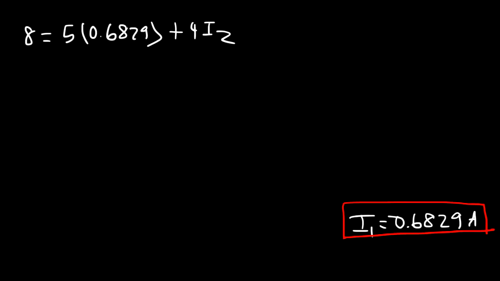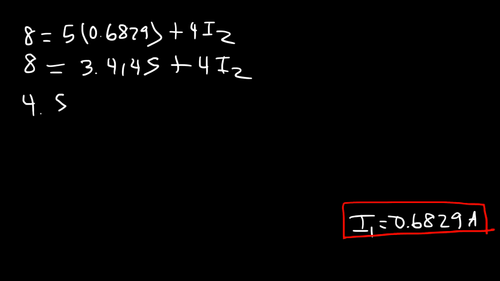So 5 times 0.6829, that's equal to 3.4145. So 8 minus 3.4145, that's 4.5855, and that's equal to 4I2.